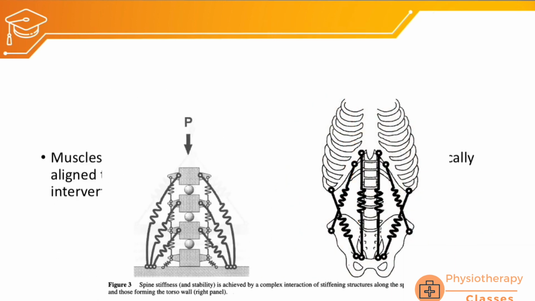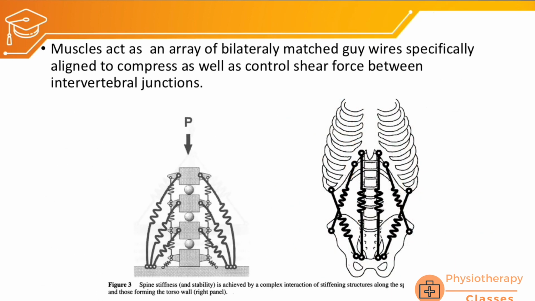So all these muscles act as an array of bilaterally matched guy wires specifically aligned to compress as well as control shearing force between the intervertebral junctions, stabilizing the vertebral column.